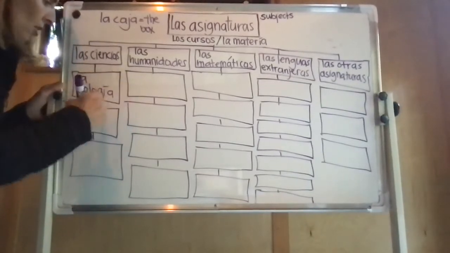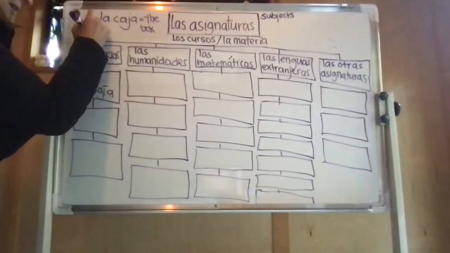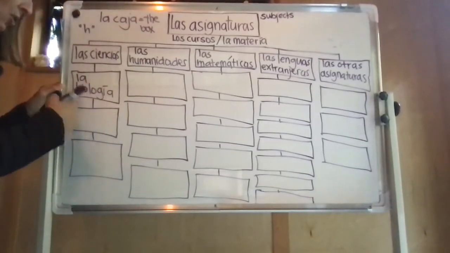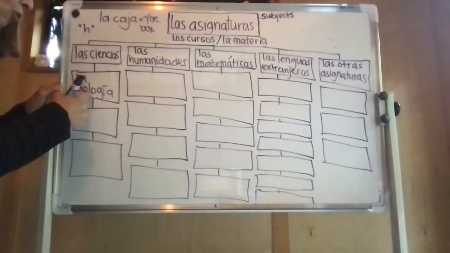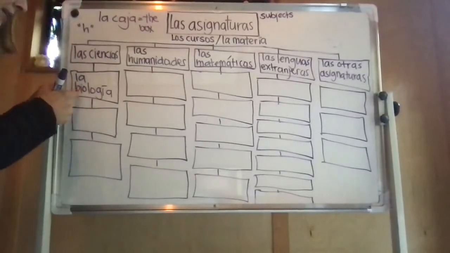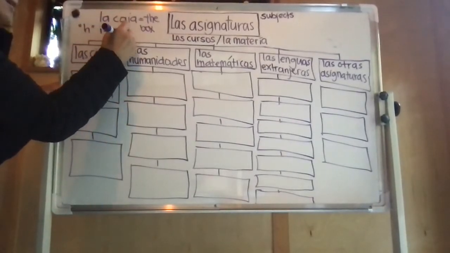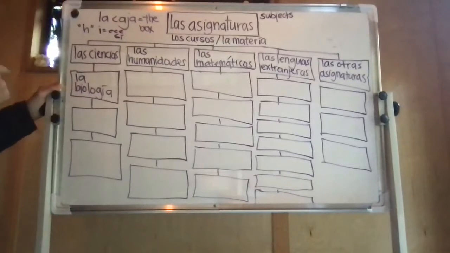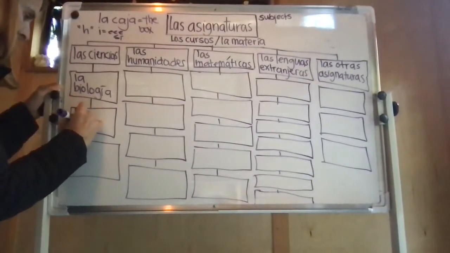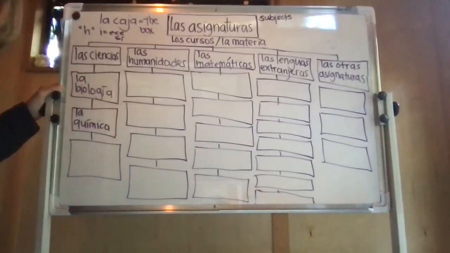So we have la biología. So the G becomes an H sound if it is followed by an I or an E. So la biología. Please make sure not to say biología with an English I, because the I says E, as in C, okay? La biología. Then we have chemistry, la química, okay?